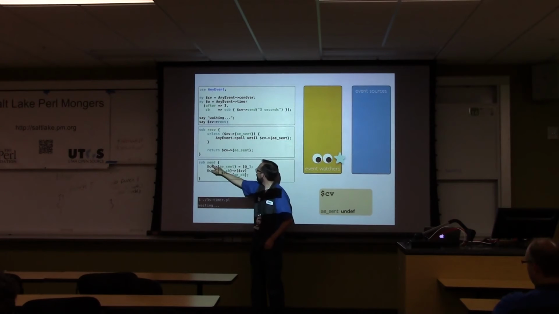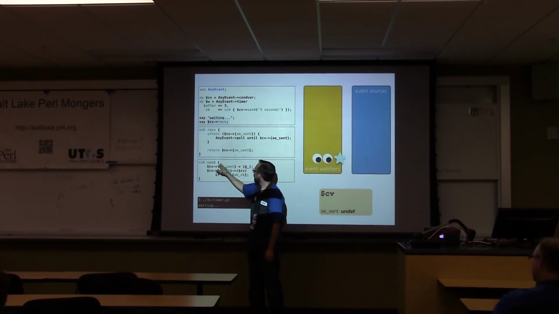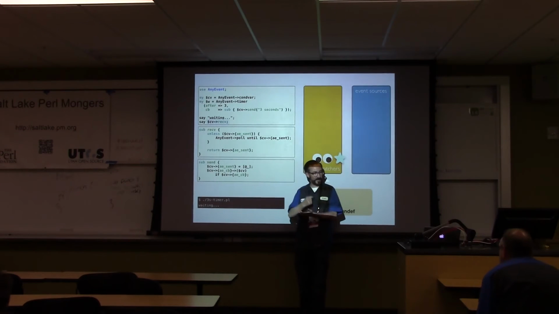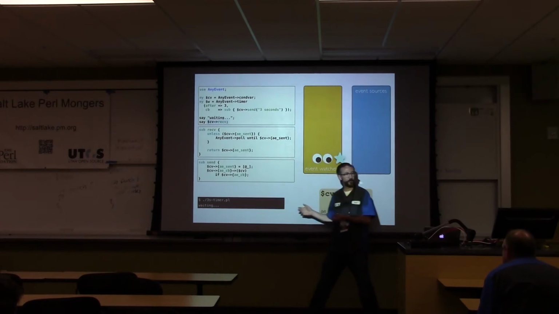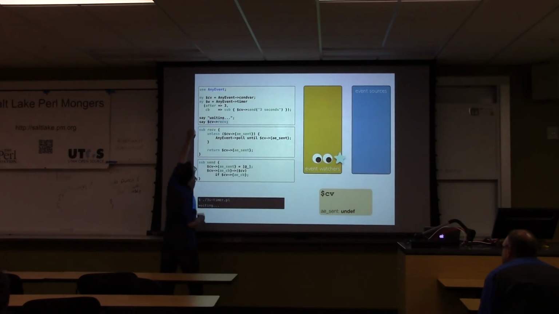This CV is the self in this thing, but I didn't have space for that. Is that helpful? Yeah. This would be like my CV equals shift, right? It's the instance of the object of the condition variable that you created earlier. This one up here, this $CV. So you just made a new object there. This is the object method. It's not a class method. Does that answer your question?